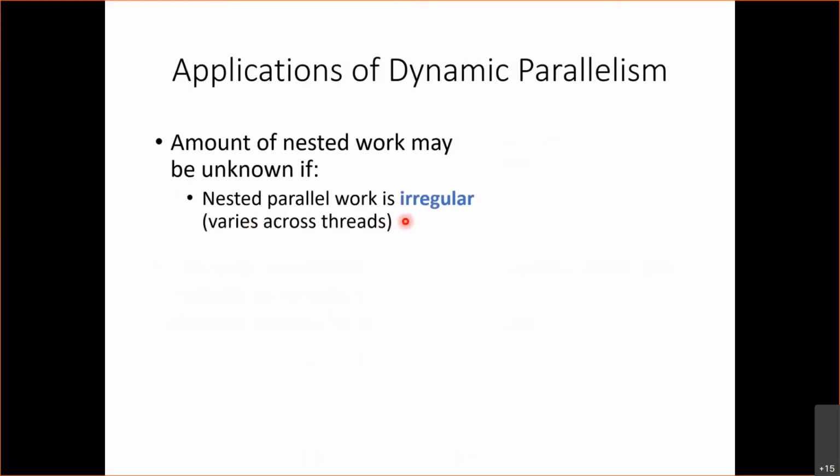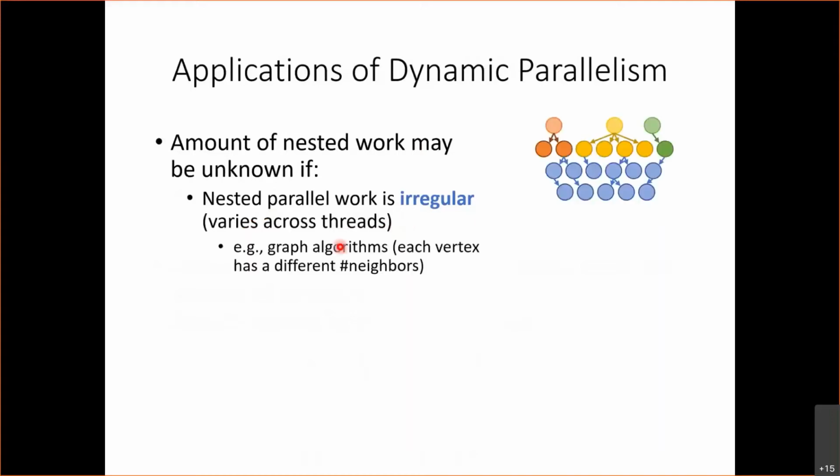An example of this could be a graph algorithm. Maybe I have a vertex-centric graph algorithm where a thread does something for each vertex, and these threads want to visit their neighbors, and maybe some of them want to visit the neighbors in parallel. Each thread might have a different number of neighbors, and therefore each thread visiting the neighbors in parallel is a form of nested parallelism.